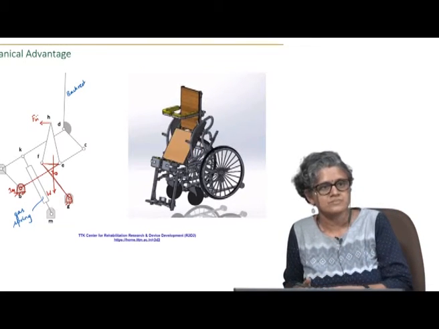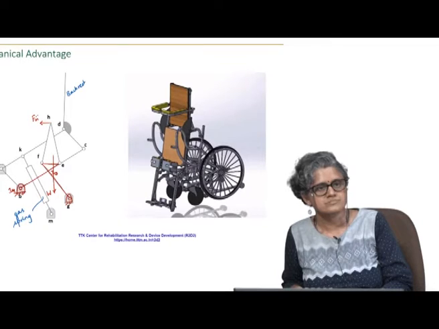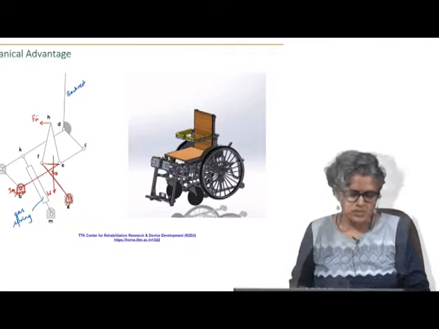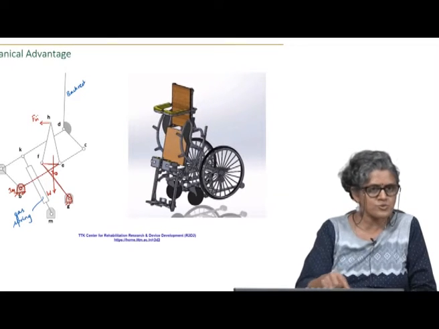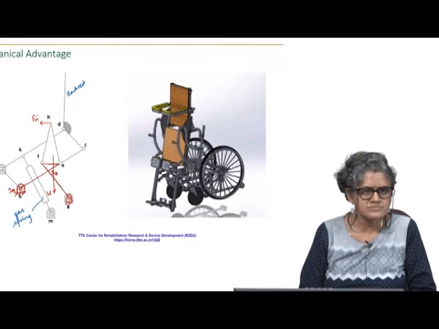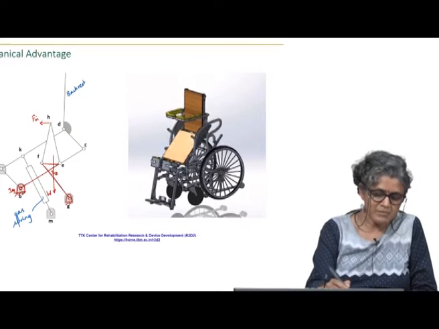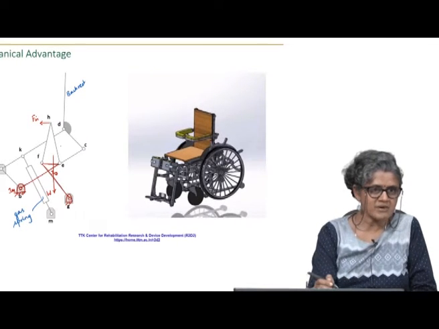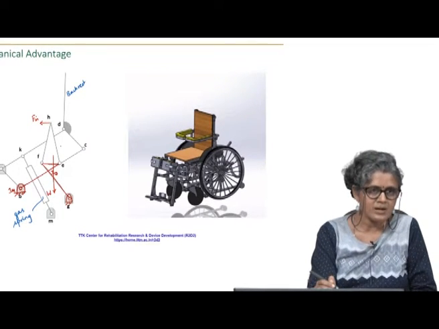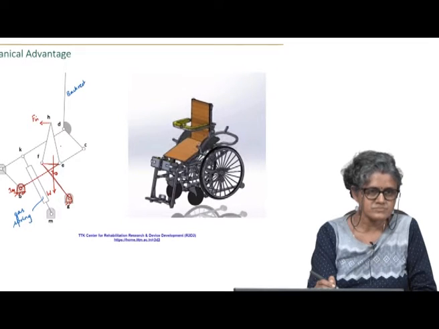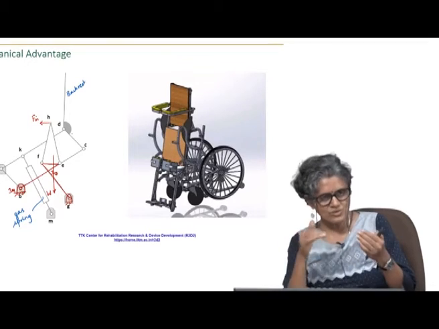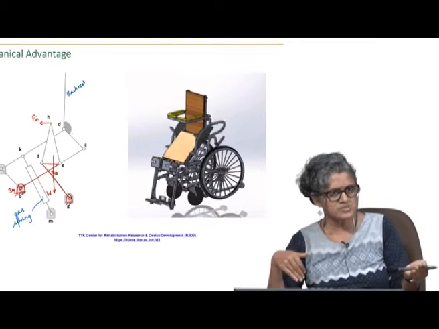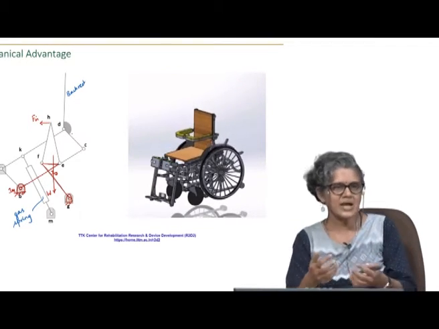Yes, Abhijit. Is it valid to call EFG as a driver diode? Why are you saying it is not giving the input? My input is through EF, through H, right? But H is a point on link EF. Yeah, but usually for the driver diode, diode means 2 links through which you are actuating the mechanism.